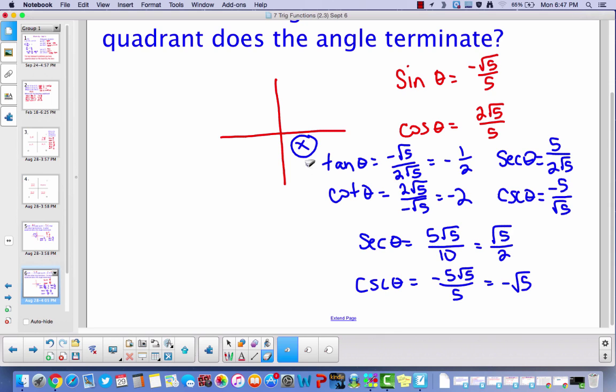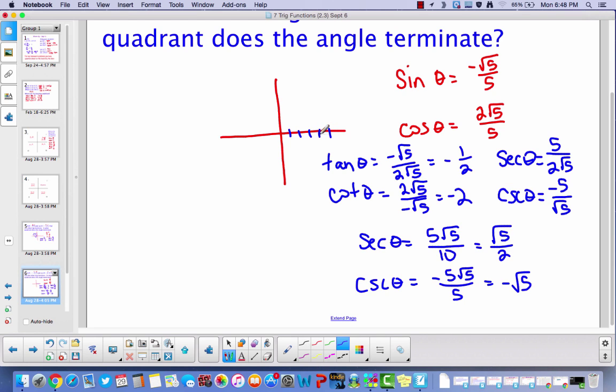So let's see what the picture looks like. Remember, this is my y value, this is my x value. So it says go to the right 2 times the square root of 5, which is about 4.472. So go to the right this way, about to here.